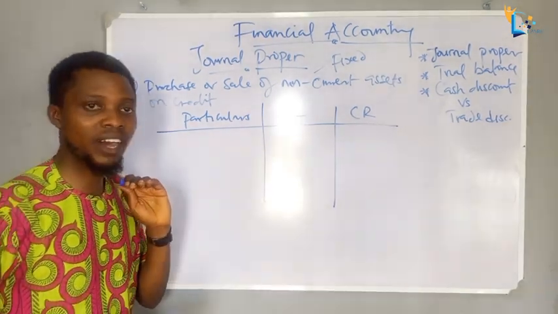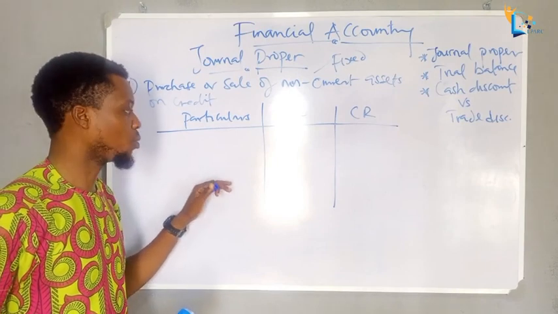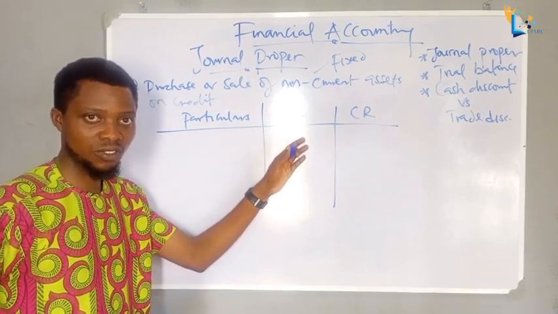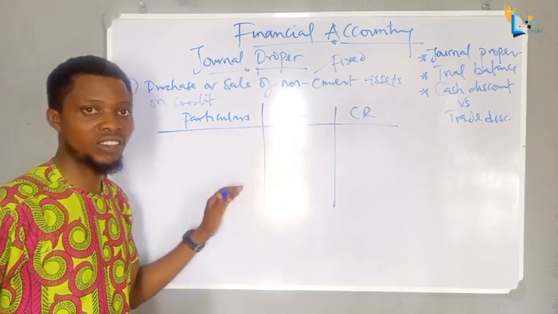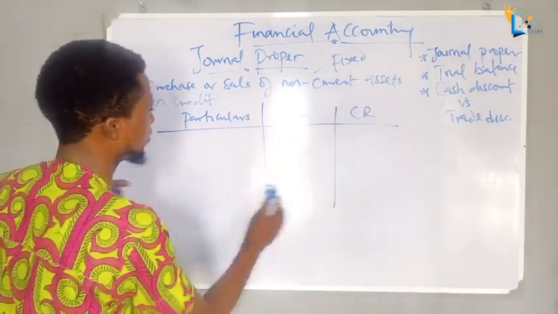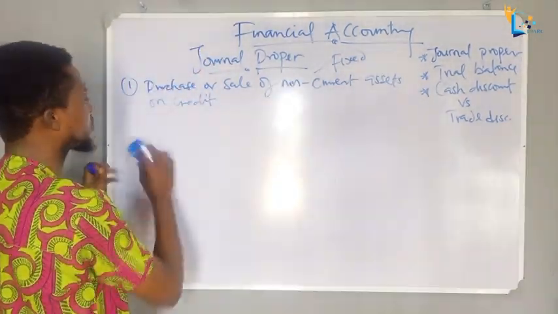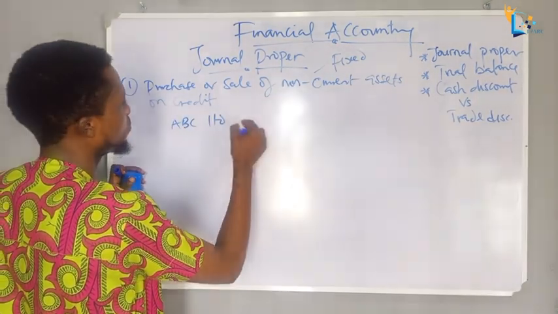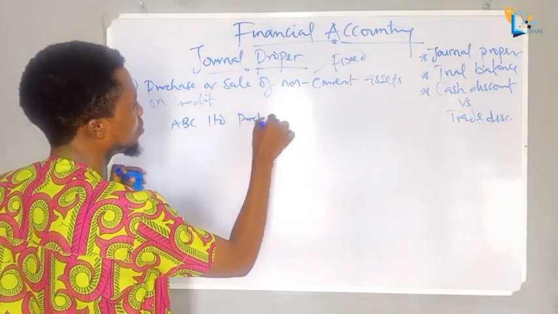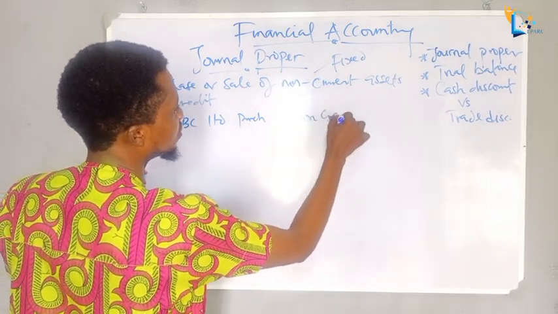Then, thirdly, your narration must follow. You must narrate the transaction. We're going to do a practical example now, and you will say it. So, ABC Limited purchased motor vehicle on credit.